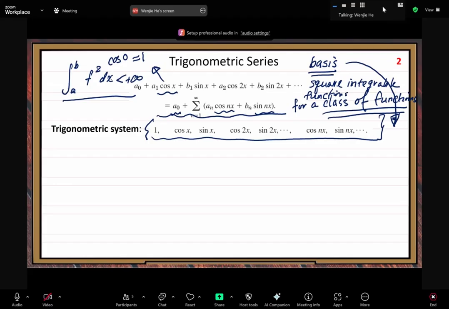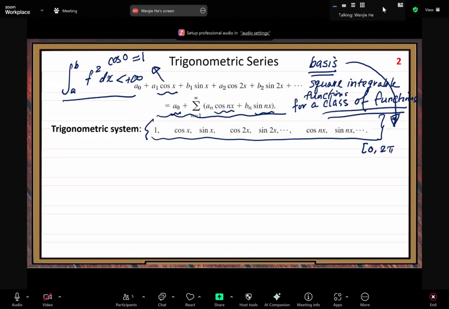Is that true for only this period, like the period of these functions? Yes, here we consider one period, 0 to pi.